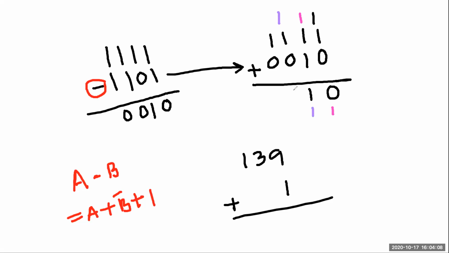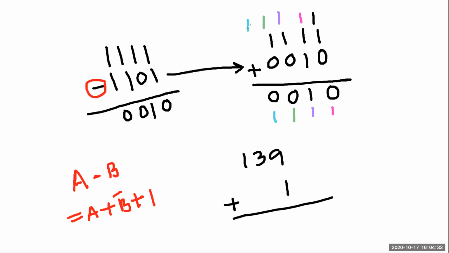So 0 will be here, and your carry 1 will go to the next place. Again 1 plus 1 plus 0 is 1, 0. So 0 will be here, and you have 1. Where will that 1 go? Next place.